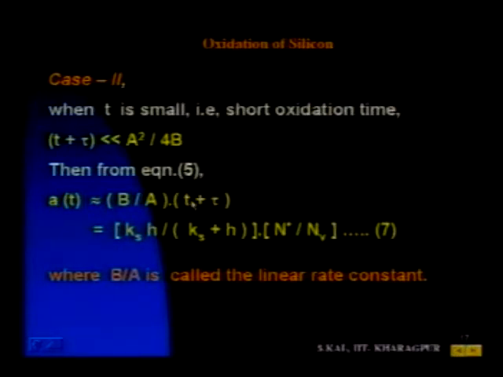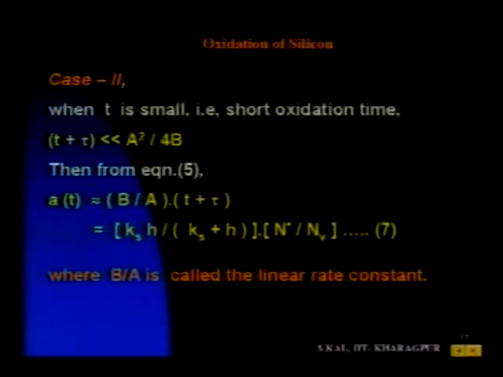So in this equation we found this oxide growth is linearly dependent on time, because you see this b by a is a constant into the time. This is a linear equation. So that's why this b by a is called the linear rate constant. So that means we got two rate constants. One is known as the parabolic rate constant and another is known as the linear rate constant.